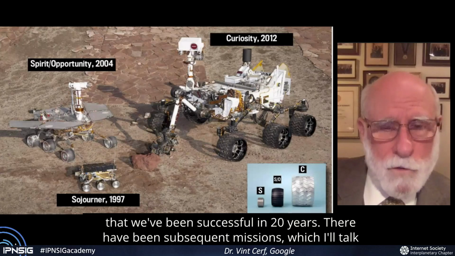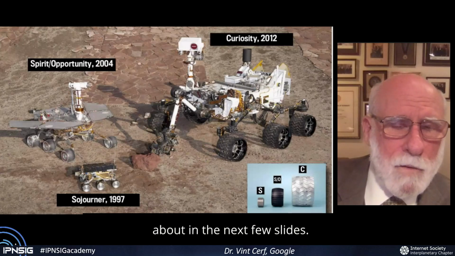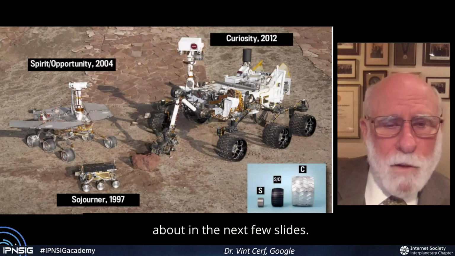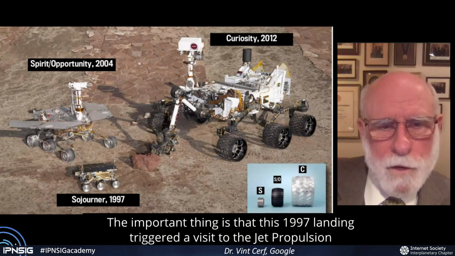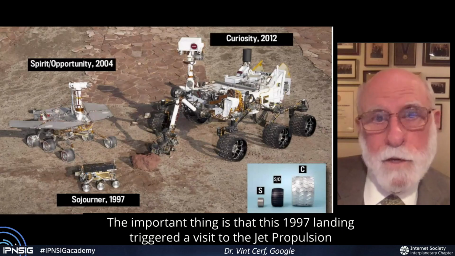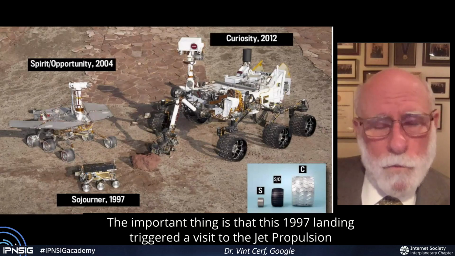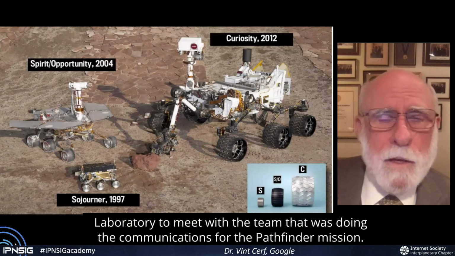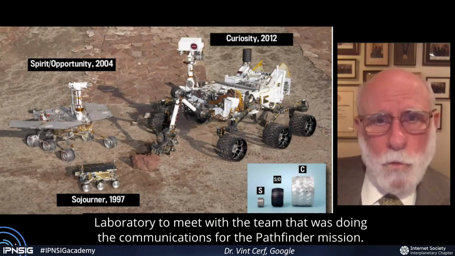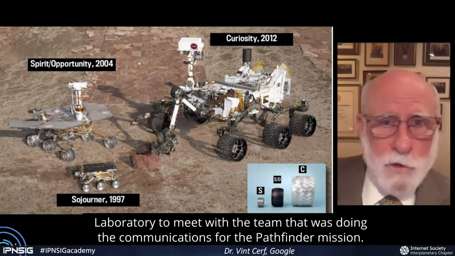There have been subsequent missions, which I'll talk about in the next few slides. But the important thing is that this 1997 landing triggered a visit to the Jet Propulsion Laboratory to meet with the team that was doing the communications for the Pathfinder mission.